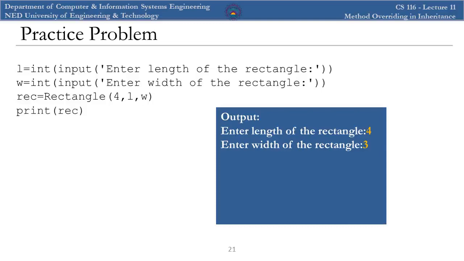And since we have overridden that method str, that means that this should print the required result. So here it is. So I hope your implementation matches mine and you are pretty clear with the concepts that we have covered up till now. So that's it for today.